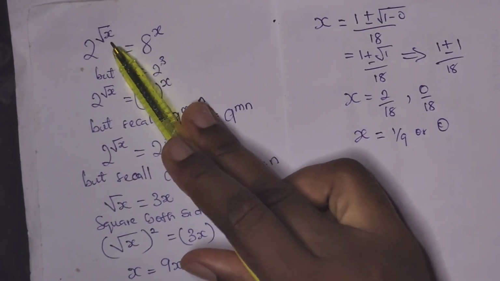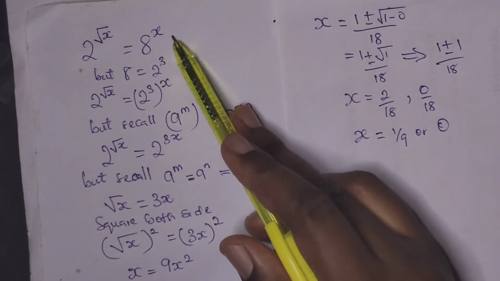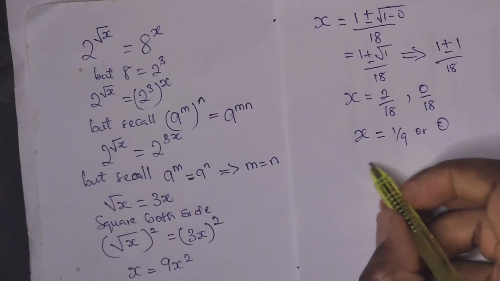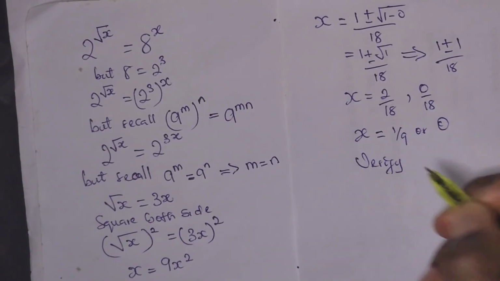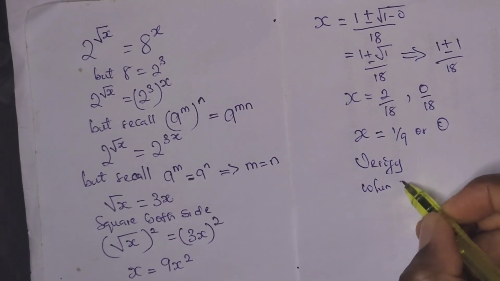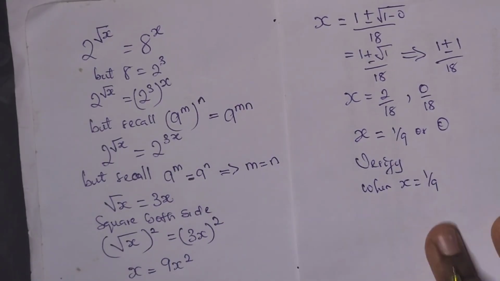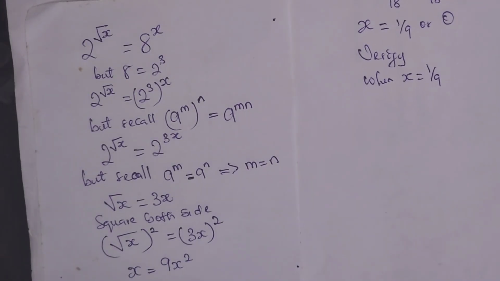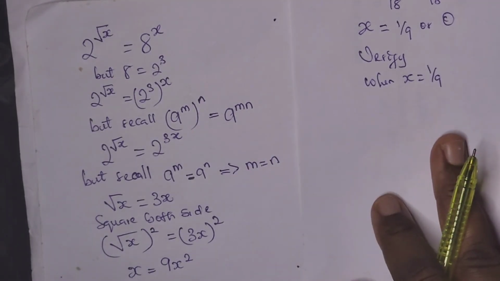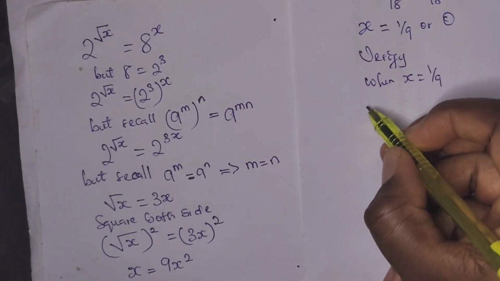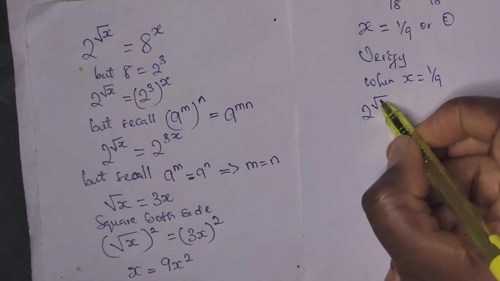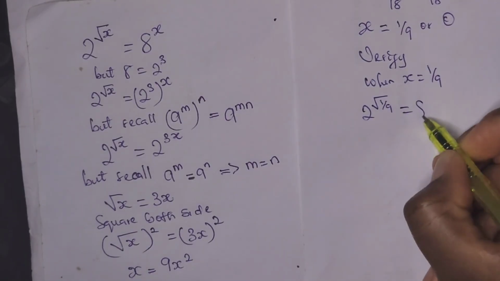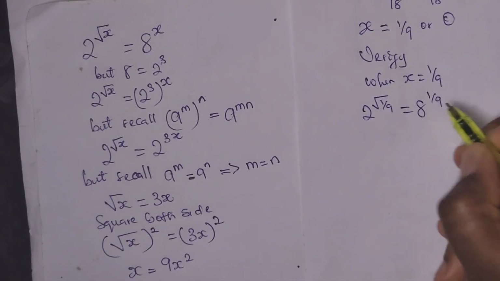We have 2 to the power of root x equal to 8 to the power of x. So if we are to verify when x is equal to 1 over 9, we have 2 to the power of root 1 over 9 equal to 8 to the power of 1 over 9.